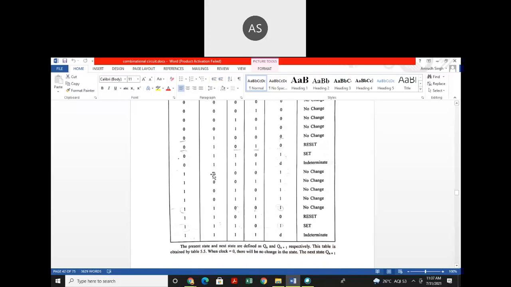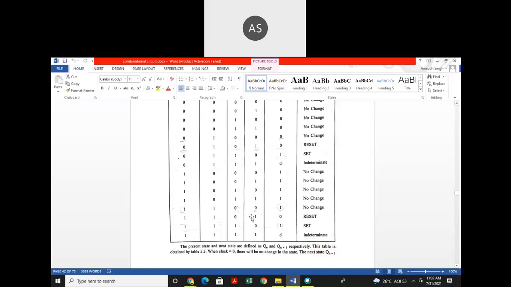In this combination, clock pulse is 0, so there is no change in state. When clock pulse is 1, if present state is 1, then for 0 0 combination, next state will be 1 because there is no change in state.